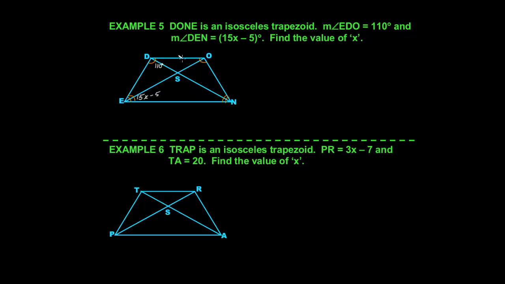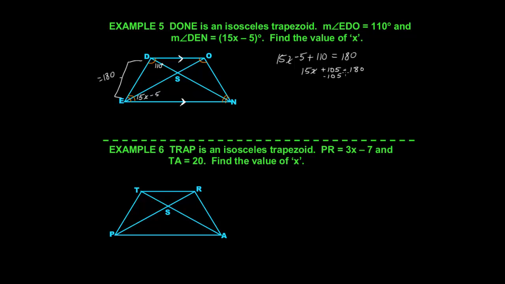Alright, with these two right here being our parallel bases of the trapezoid, we then know that these two will equal 180. 15x minus 5 plus 110 equals 180. Combine our like terms: 15x plus 105 equals 180.